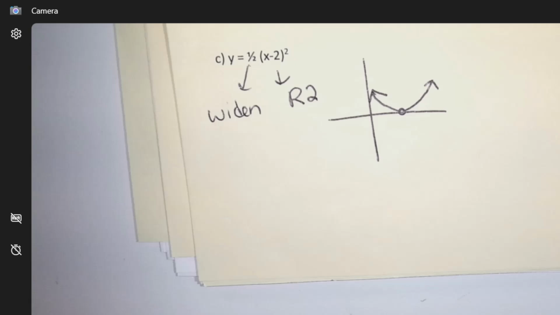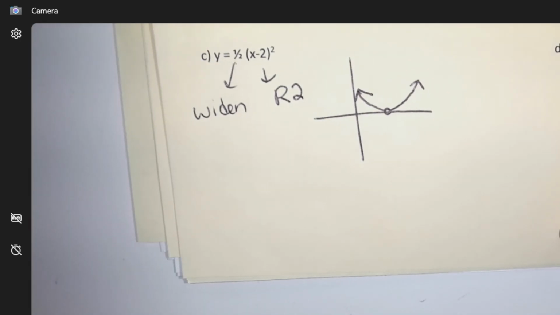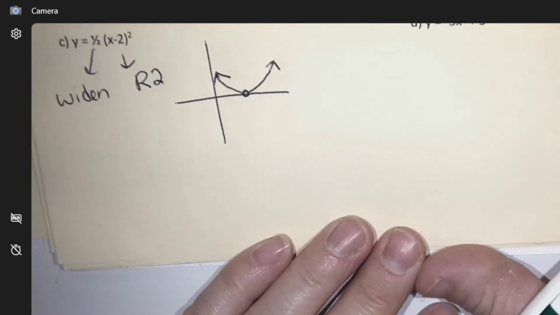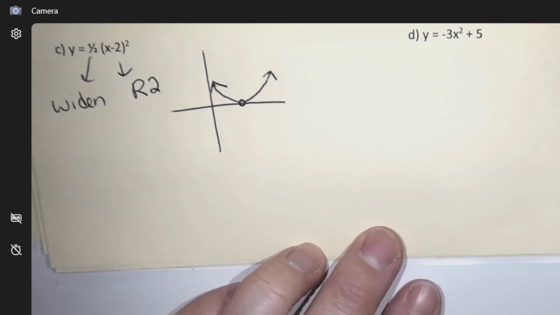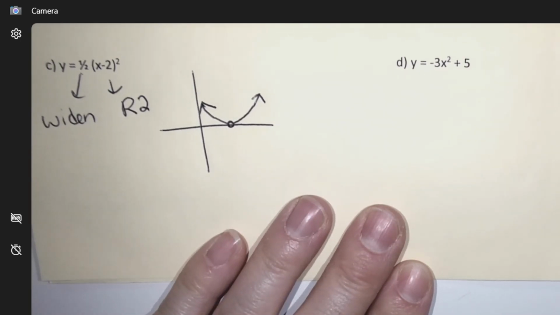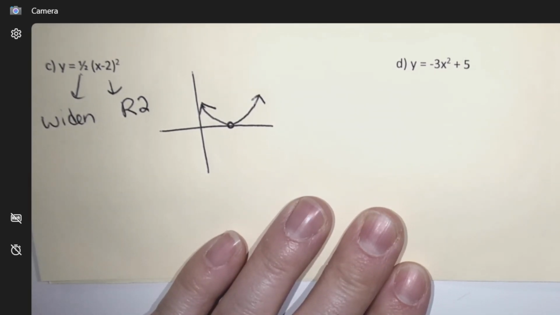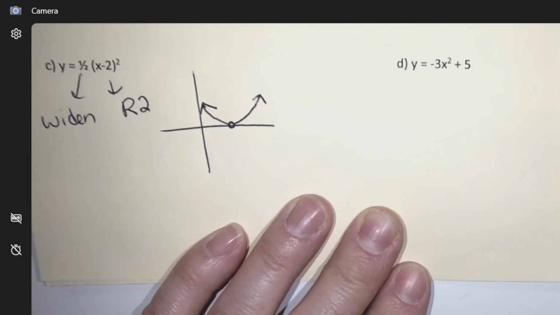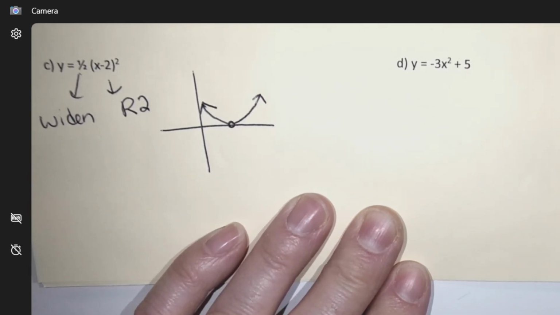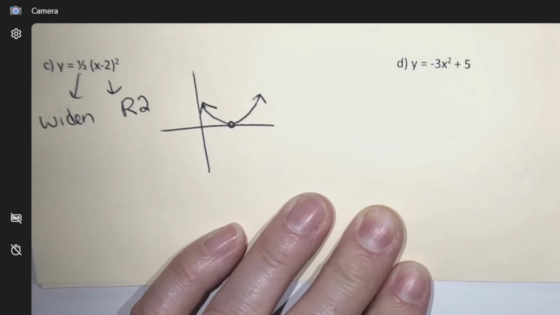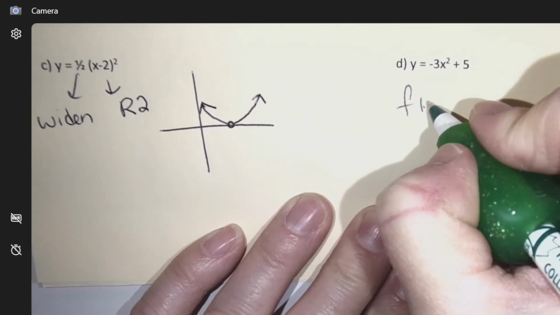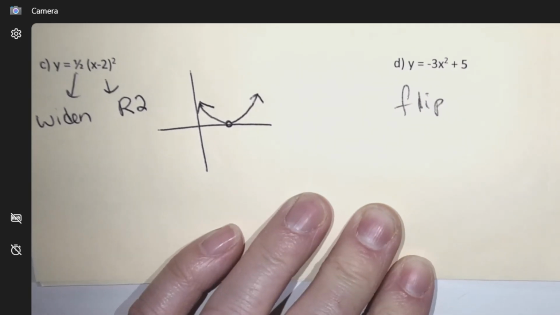Okay, the last one. This one has 3. You gotta give me 3 answers to the last one. So one answer should include flipping it with the negative.